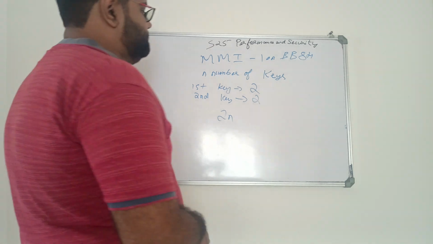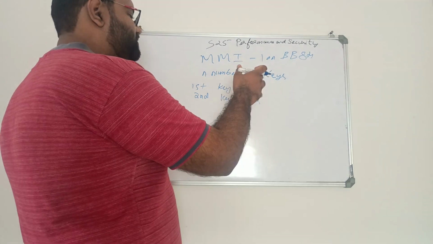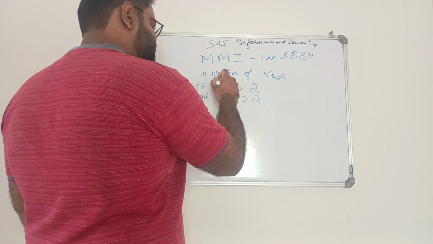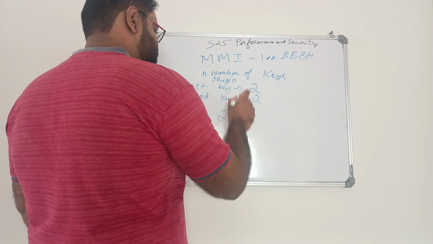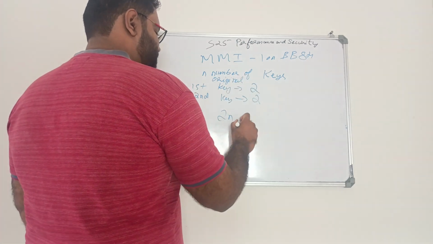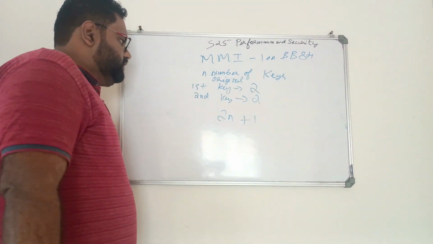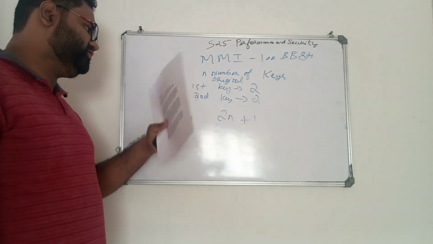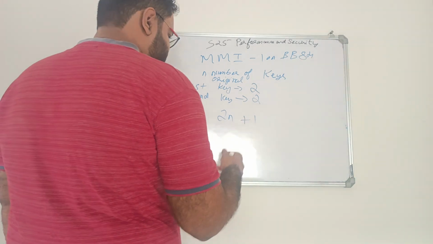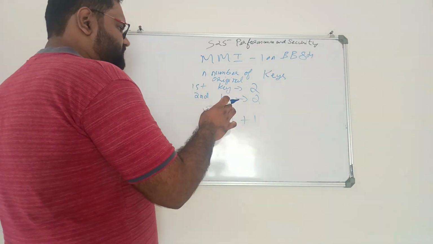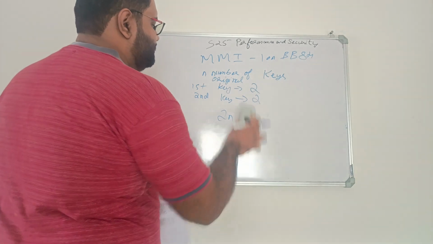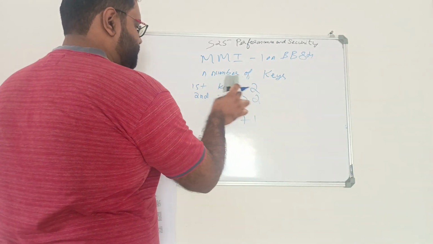And of course, I also have to include the original message, so it will be 2n plus 1. But since every one of them is equally likely to be the actual key, I don't think the original is required. So it's just going to be 2n.